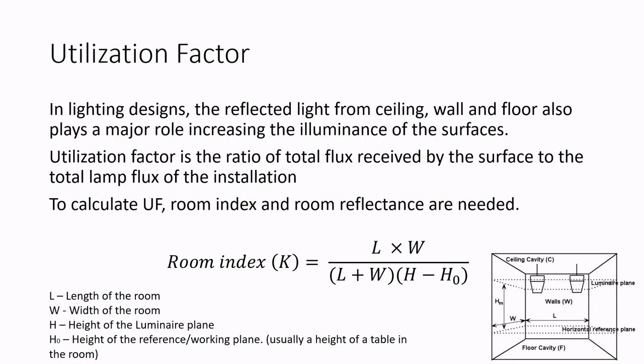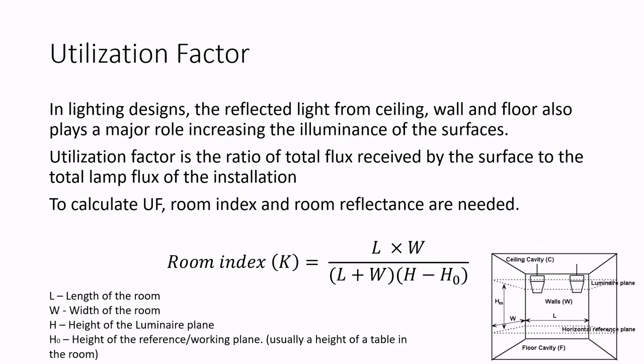Now we come to the utilization factor. In a room, ceiling, wall and floor surfaces are reflective. So that reflected light will affect the total flux received on the surface. So we have introduced a factor to evaluate that, called the utilization factor, that is the ratio of total flux received by a surface to the total lamp flux of the installation.